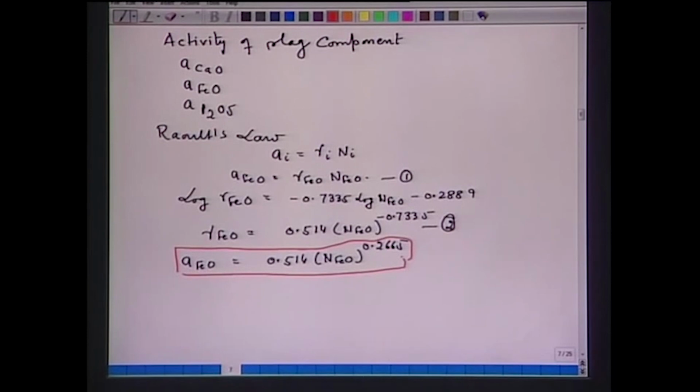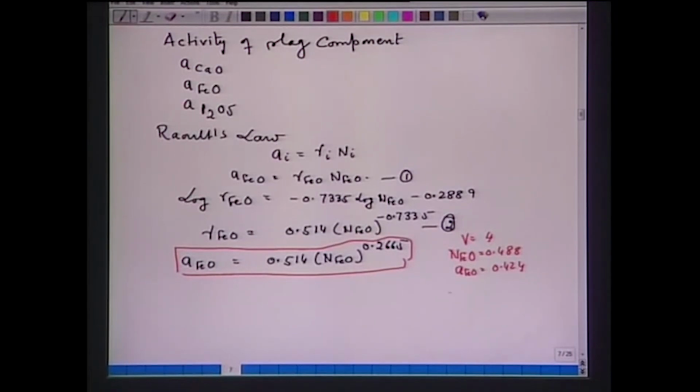Now, for example, if I take the V ratio, that is the basicity ratio, equal to 4, and take NFeO equal to 0.488, and I determine the activity from here, then the activity of FeO comes equal to 0.424.